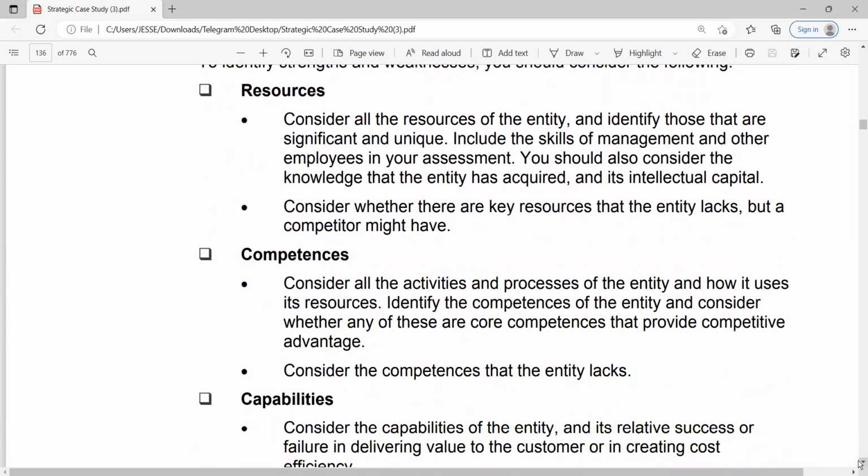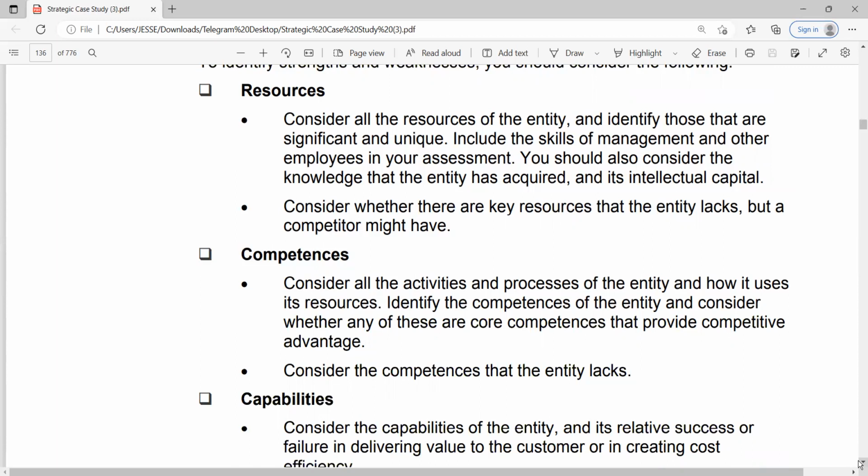For competencies, you are looking at how the organization uses its resources. So here you are looking at what kind of competencies the entity has, and you are trying to figure out whether there are any core competencies. We talked about these things in our previous lecture, but this is sort of a refresher.